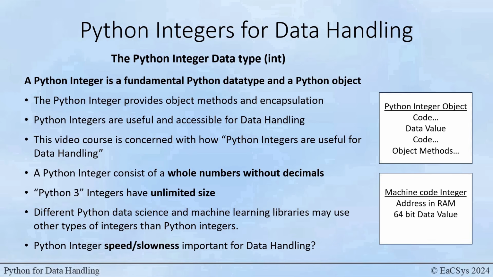So, is speed important for data handling, and how does the slowness of Python integers affect data handling? Most people doing data handling spend 97% of the time planning and coding, and 3% of the time waiting for computations.